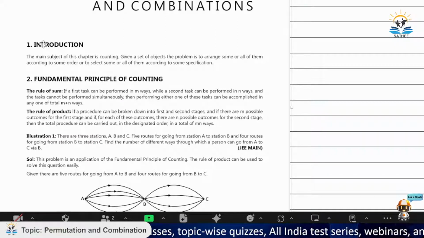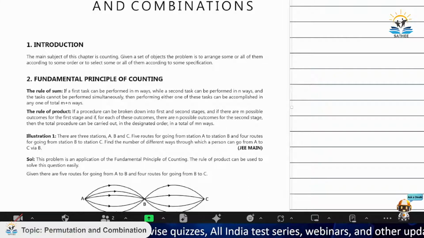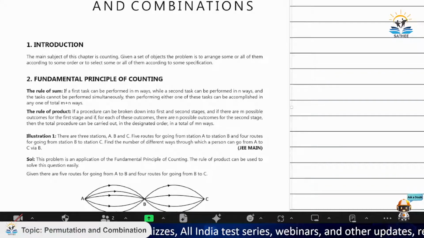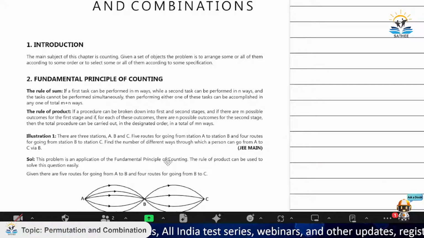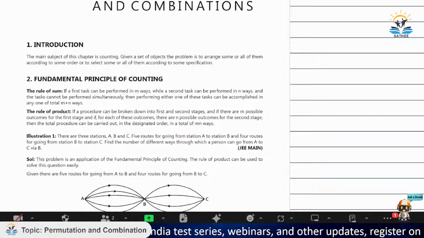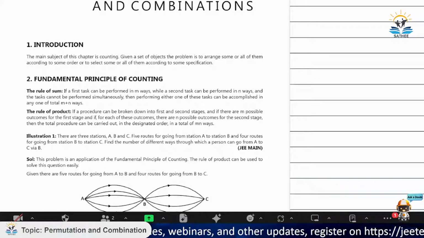As you might know from the title, we are starting permutation and combination today, right? This used to be one of the toughest topics for me to understand in my school days.